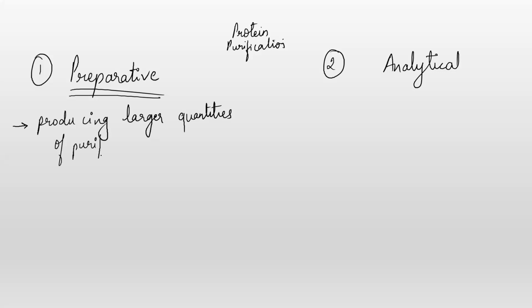You're talking about the yield, larger quantities, meaning the yield of the purified protein. So that is preparative. This kind of preparative protein purification is used for commercial enzymes that are used in industries.